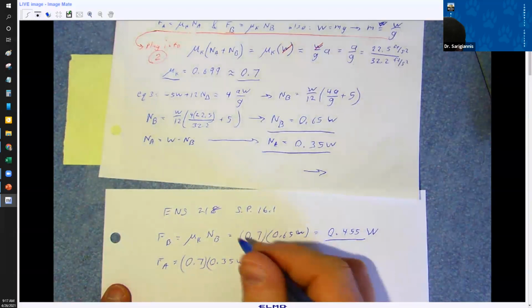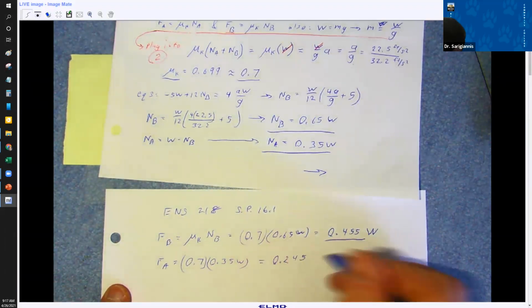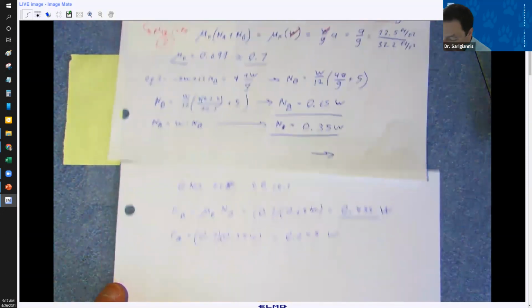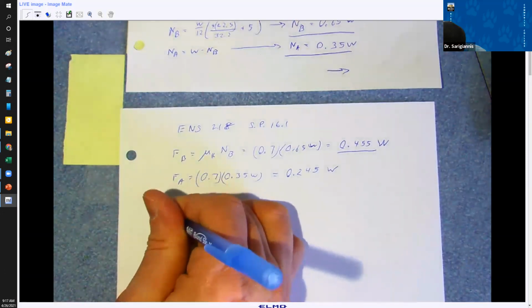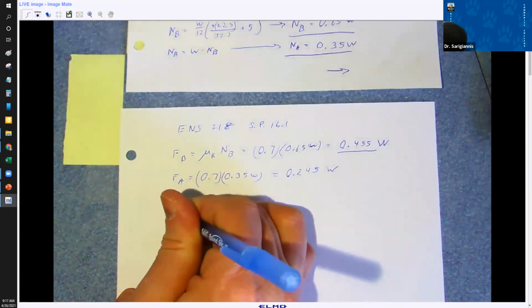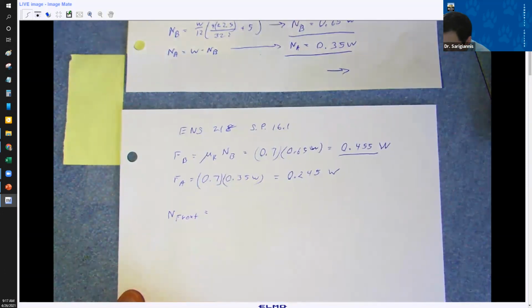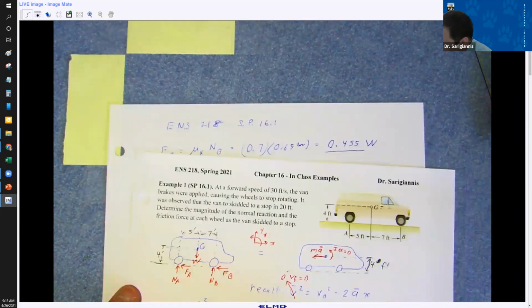Yeah, it is 0.245. I rounded differently in my notes, so I got to do the. All right, so for the front, let's do the front ones. The normal force, there are two sets of tires here.